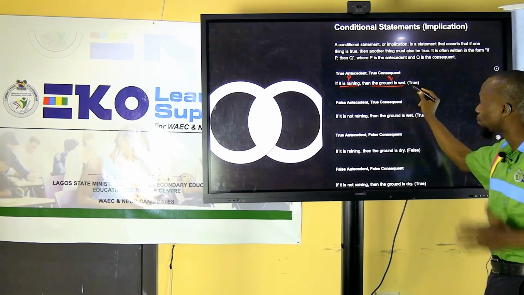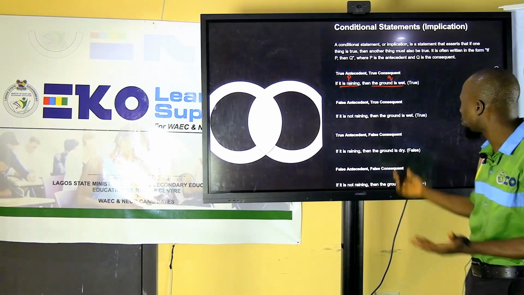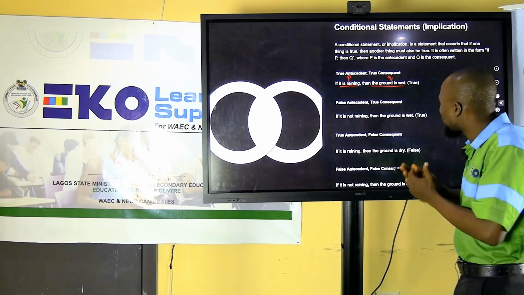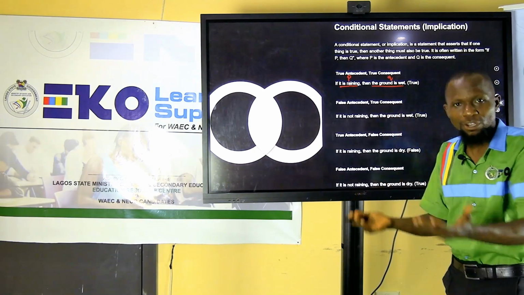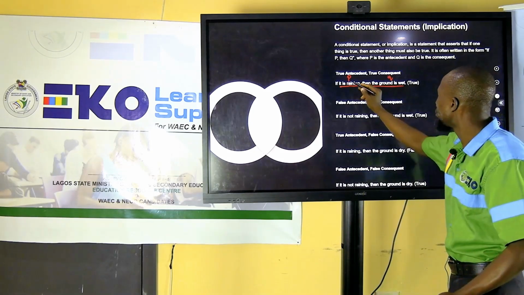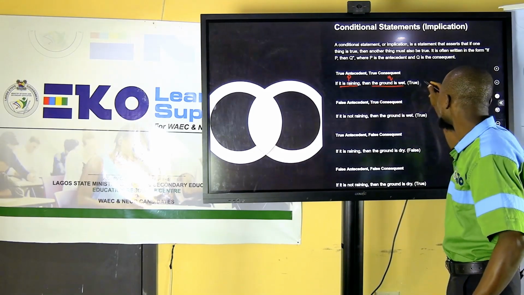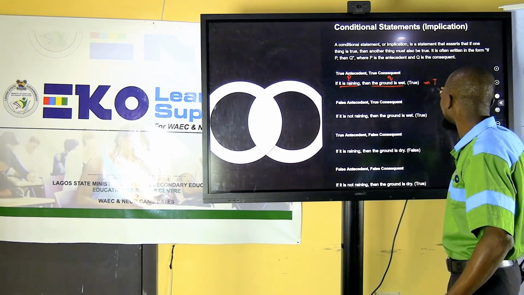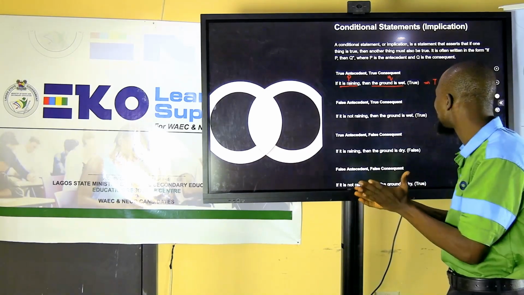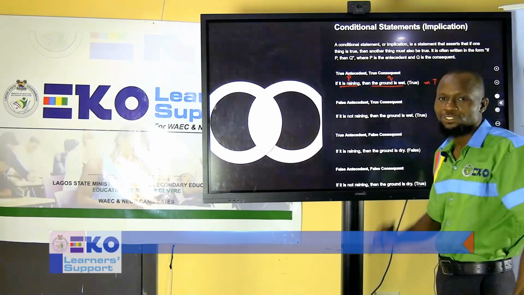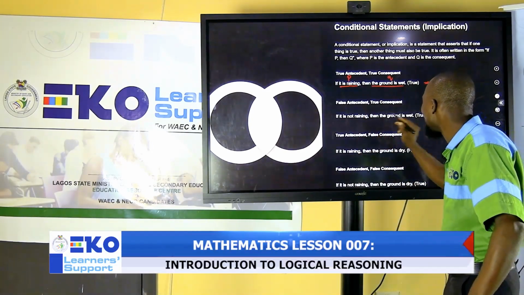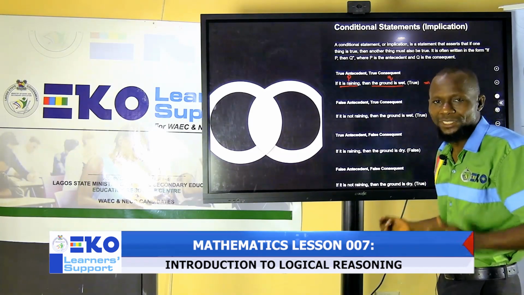So here both are true. When it is raining, the ground will surely be wet. So if both are true, it gives us what? A true statement. The compound statement is true. Now let's go to the second one. If it is not raining, then the ground is wet.